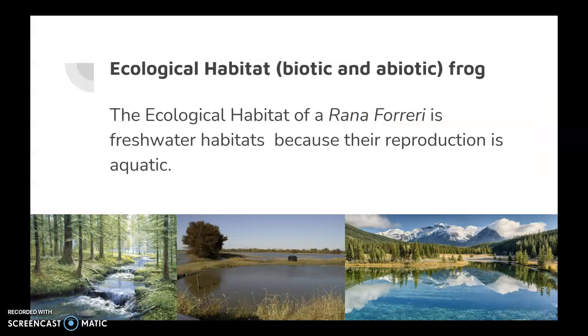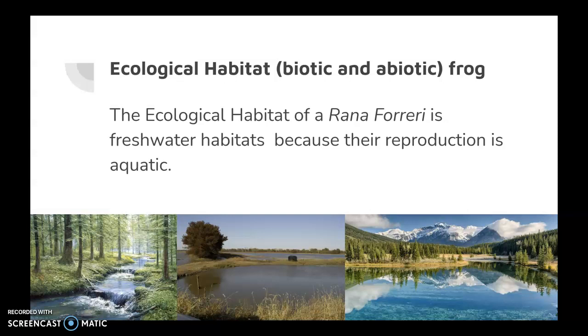The ecological habitat, biotic and abiotic factors of a frog. The ecological habitat of Rhinophoruri is freshwater habitats because their reproduction is aquatic. They like to be in freshwater because it keeps their skin moist, which is why they live in ponds, lakes, streams, rivers, or creeks.